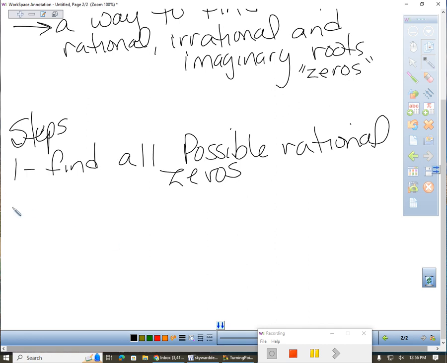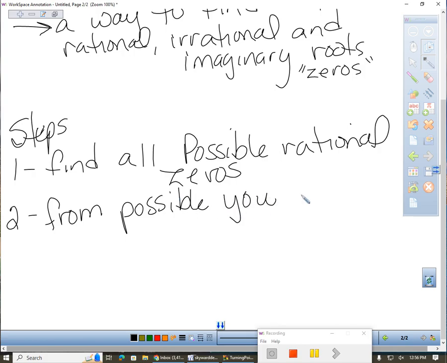Step number 2, from possible, you must find n minus 2 zeros.